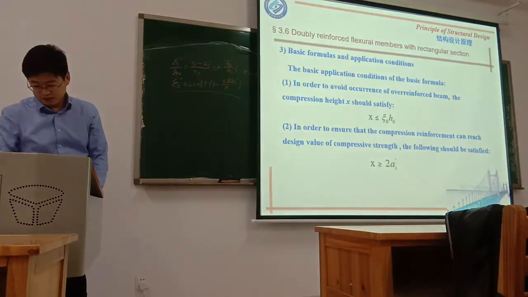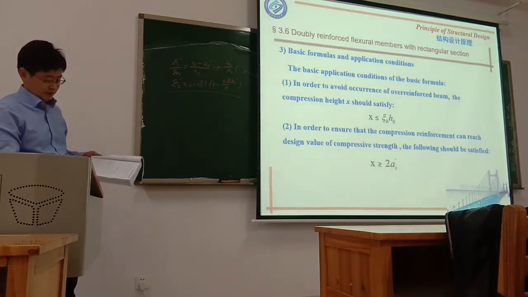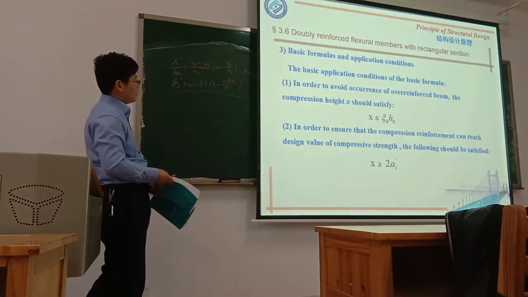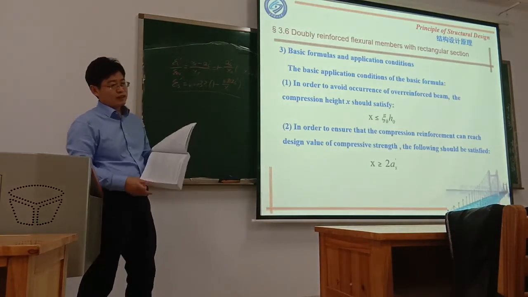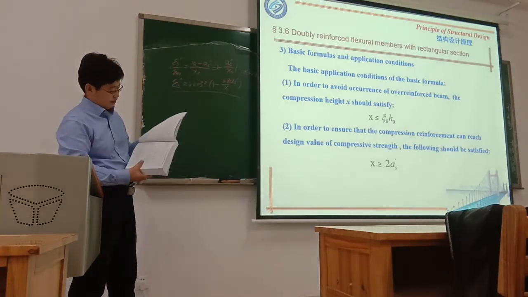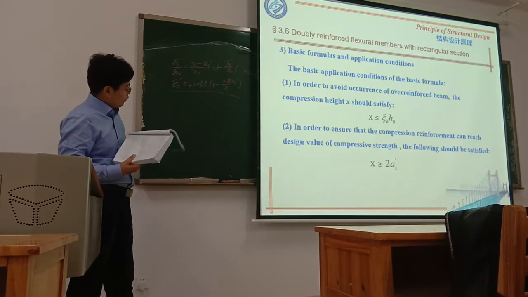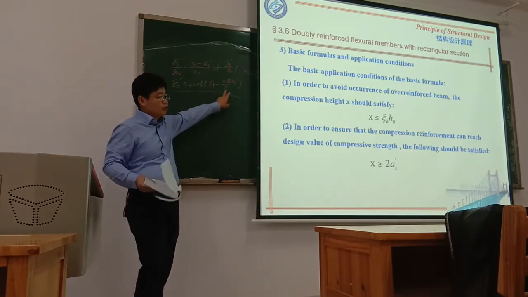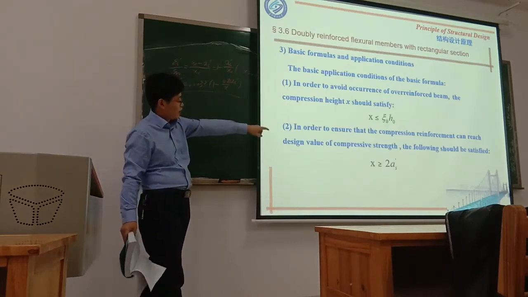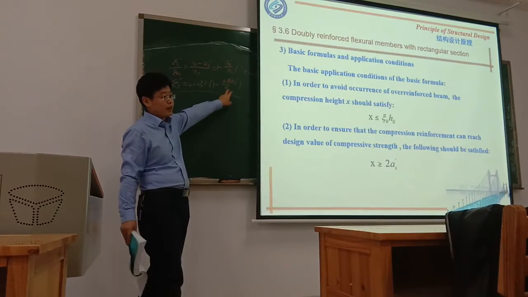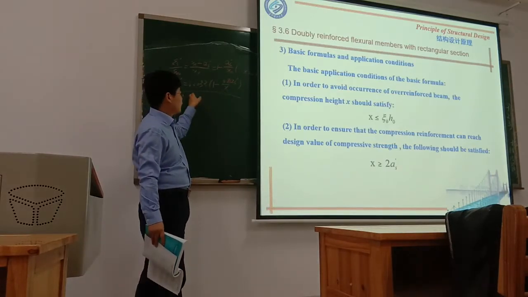we use X equals 2 AS prime because maybe the compression reinforcement hasn't reached yield strength. So see this figure, if you replace X by 2 times AS prime, then finally you get the result.